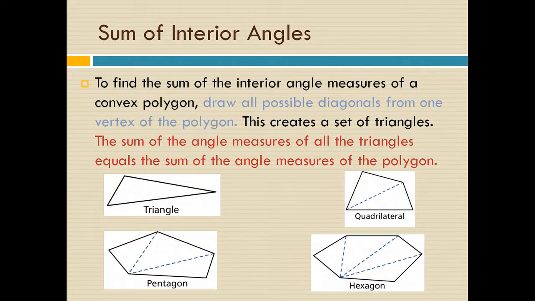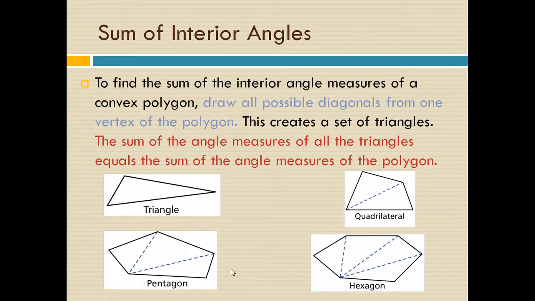If you notice in these diagrams, a triangle has 180 degrees. The quadrilateral, if I take a diagonal only from this vertex right here, I can make two triangles. So this would be 2 times 180, or 360 degrees. A pentagon, if I choose this vertex, I can draw two diagonals.